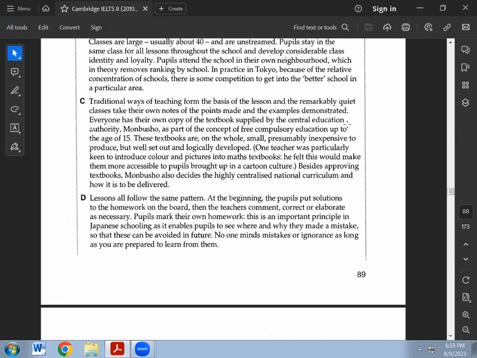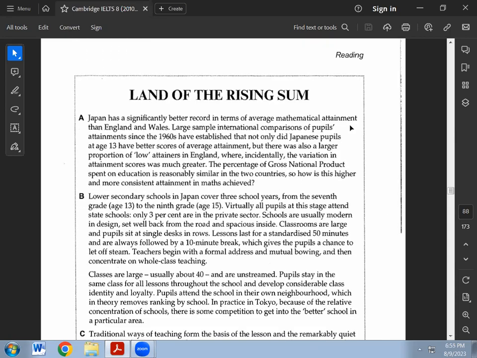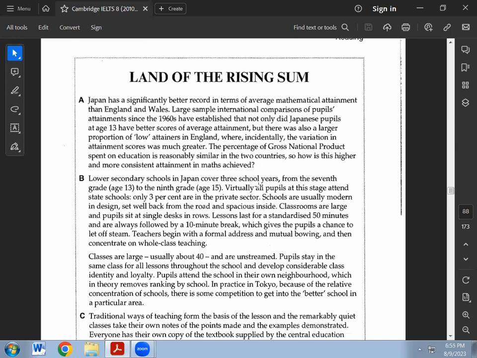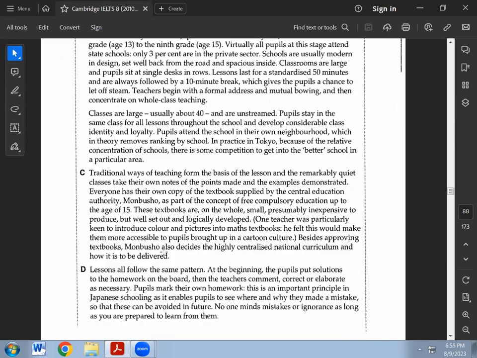There is no keyword that I can say is matched with any of these headings. So what I will do, I will directly reach to the bottom and read the last line. Besides approving textbooks, Monbusho also decides the highly centralized national curriculum and how it is to be delivered. So I got my keyword, something about Monbusho.